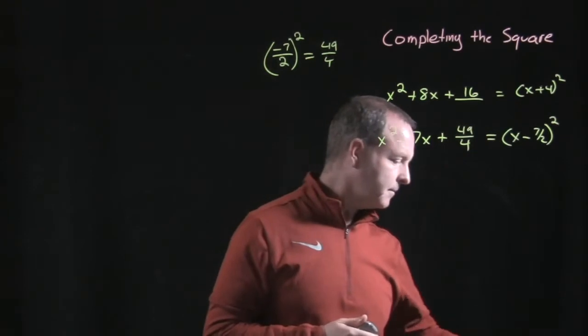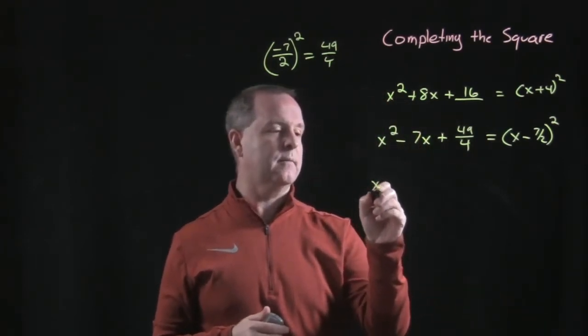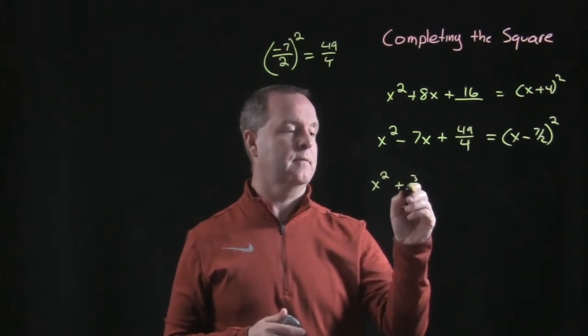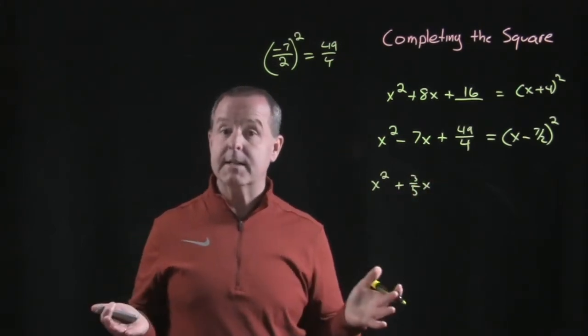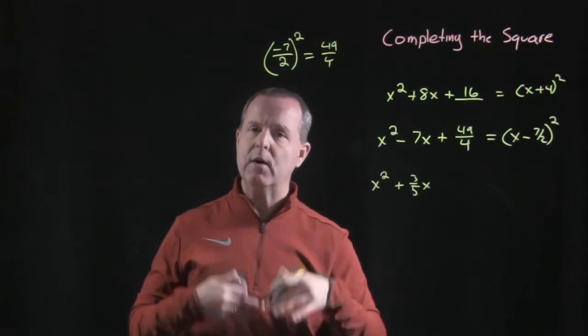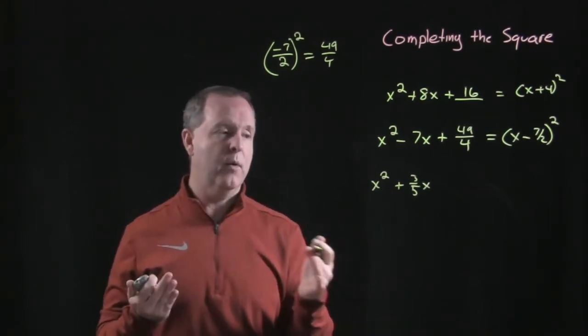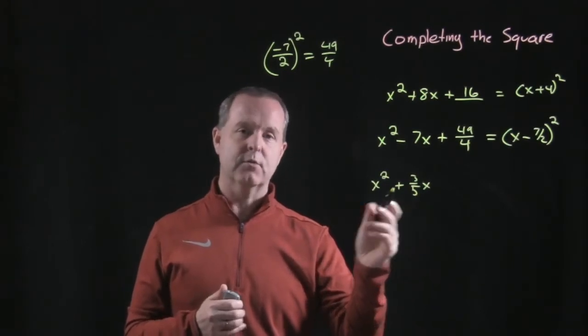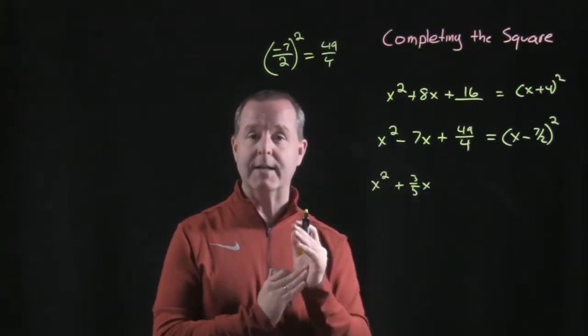Another example, x squared plus 3/5 x. It doesn't matter that this term is a fraction because we know how to work with fractions with our practice. So again, we're going to take this middle coefficient, because remember, this represents a dimension of a rectangle.